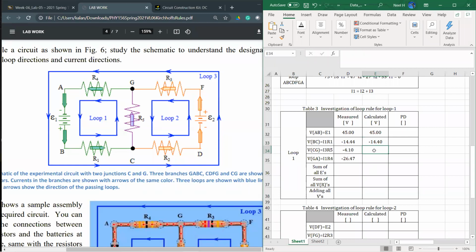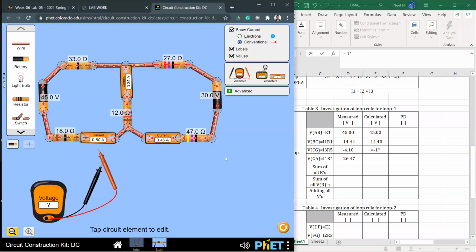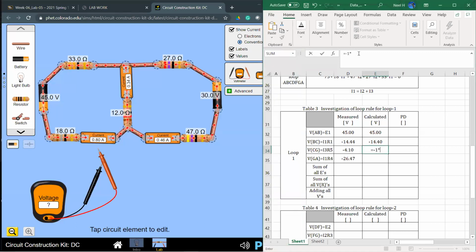Let's do those calculations for the next resistor, R3, I3, R5. That also, according to the sign rule, has loop direction and current direction the same, so I should multiply by negative 1 to get the negative sign. I3 is about 0.34 and R5 is about 12. Multiply 0.34 by 12, and we get about the same number.